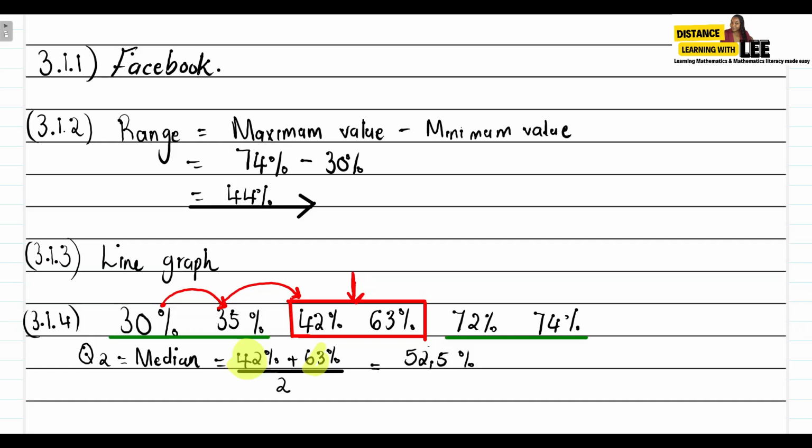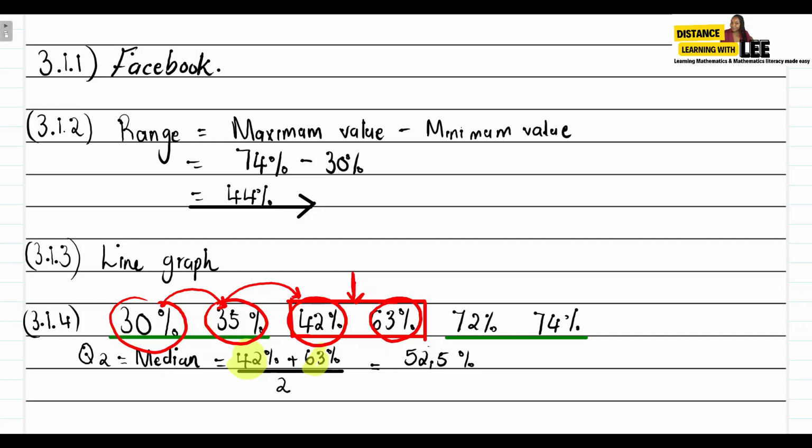So, same thing. It tells us that our median value is in the 3.5th position. This is the first position, this is the second, this is the third, and this is the fourth. However, we are told that it's in the 3.5th position, meaning that our median is in between 42% and 63%.